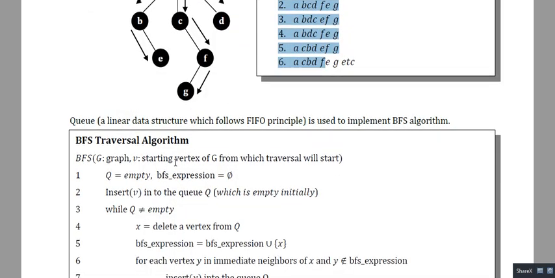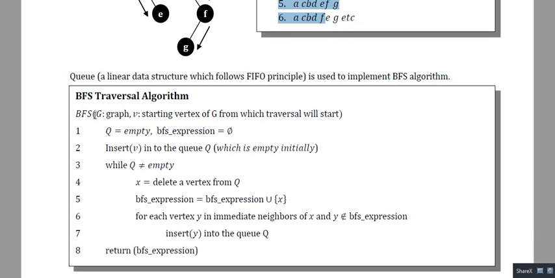In DFS we use a stack to implement the algorithm, but in BFS we use a queue. Again the input will be the same, a graph G and a vertex V, which is the starting vertex of the graph from where the traversal will start.